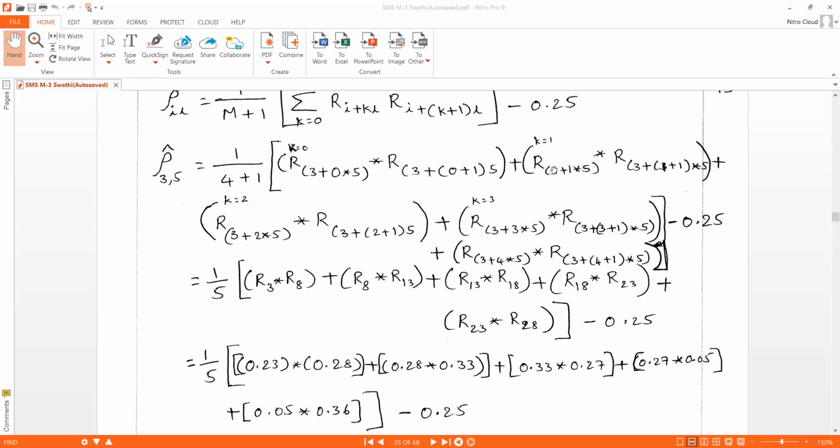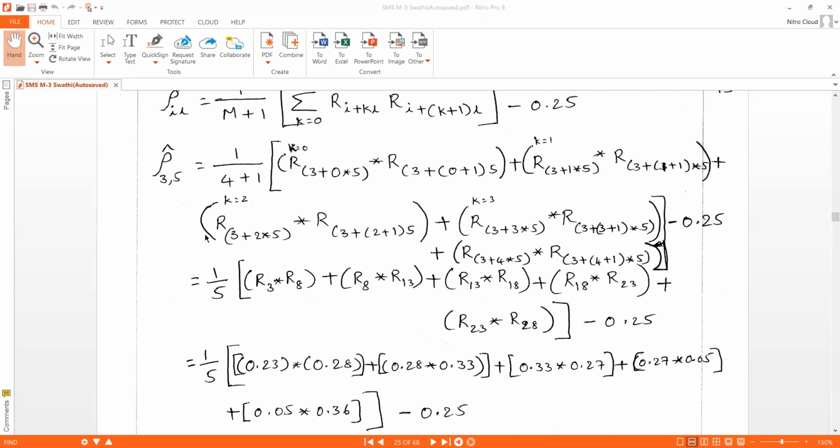Now we simplify the next term, that is R of 3 plus 1 into 5. 1 into 5 is 5, 3 plus 5 is 8. So we'll write R8 into R of 3 plus 1 plus 1 into 5. 1 plus 1 is 2. 2 into 5 is 10, 10 plus 3, it is 13. So it is R8 into R13. After simplifying this term, we'll get R8 into R13.